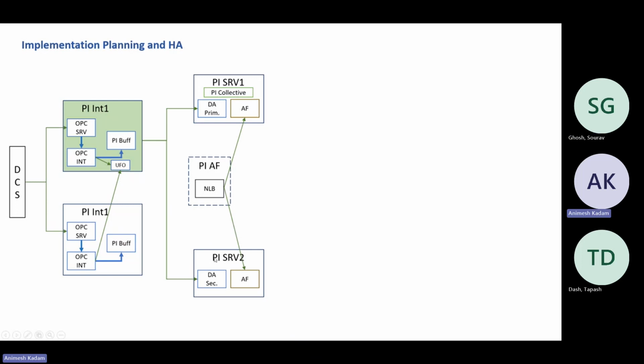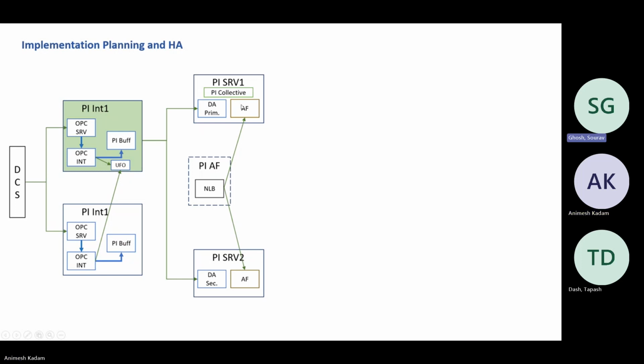For data archive, we have a component called Pi collective. We will be installing one small component, Pi collective manager, which will be holding all the config. We will be doing all that configuration of redundancy in the Pi collective manager.